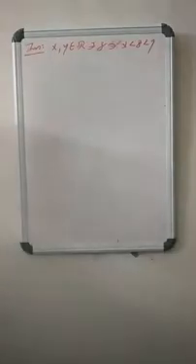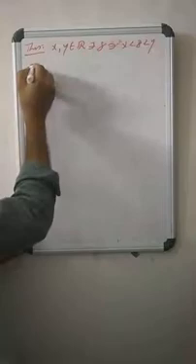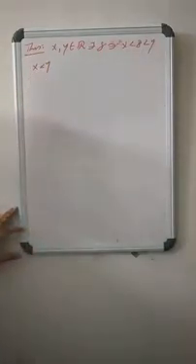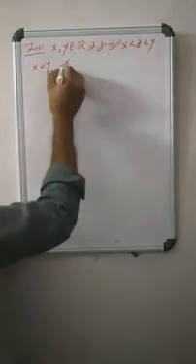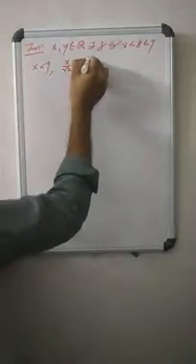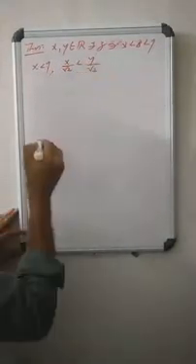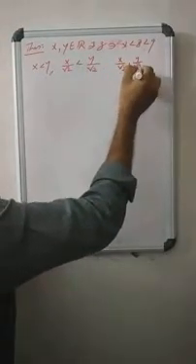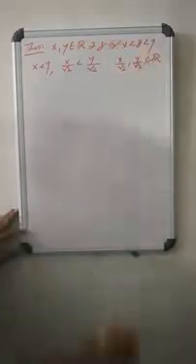This theorem is immediately followed by the density theorem of rational numbers. Since x < y, we have x/√2 < y/√2. Clearly, x/√2 and y/√2 are real numbers.